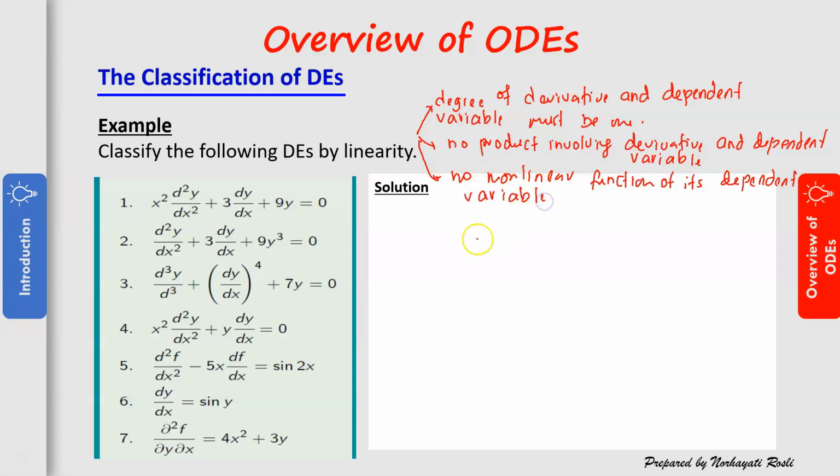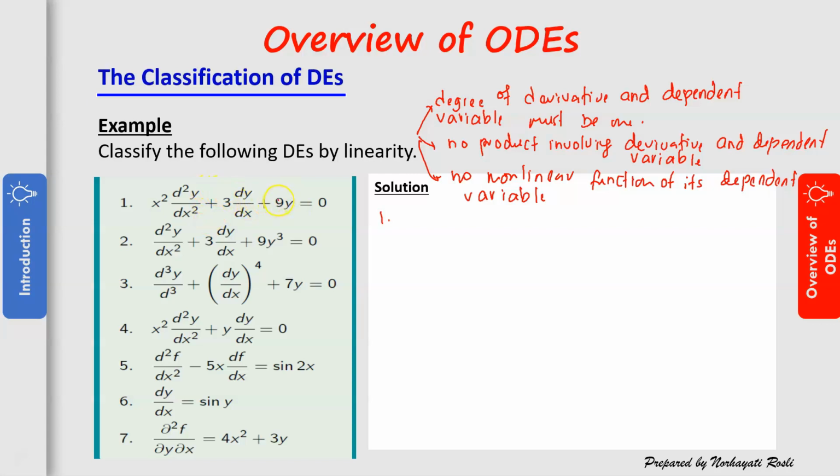So if we check one by one here, for number 1, we see that the degree of the derivative and dependent variable for all these is 1. This one, the degree is 1, and here for this y also 1. What does it mean by degree?